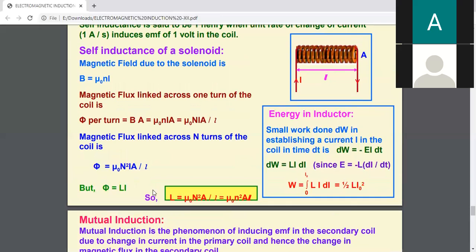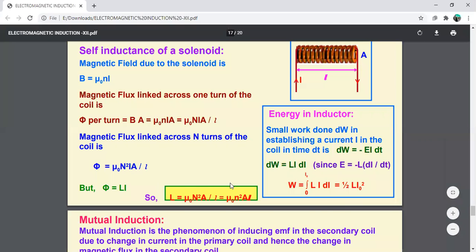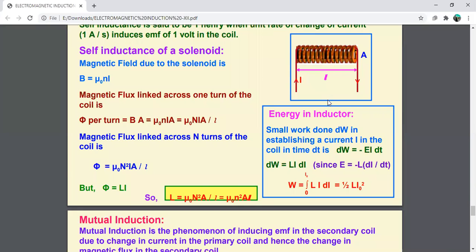And now we have to calculate the energy storage inside the solenoid, how energy gets stored inside the solenoid. So far we have learned about the expression of the coefficient of self-induction, or self-inductance. Now we have to learn about the energy stored in an inductor or in a solenoid. Let us check.